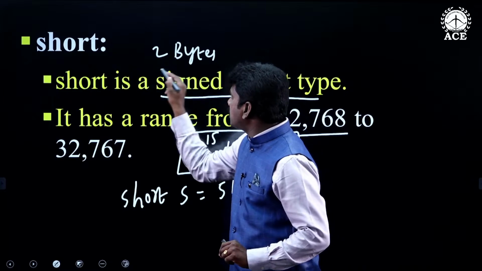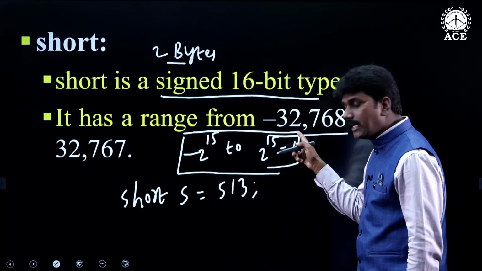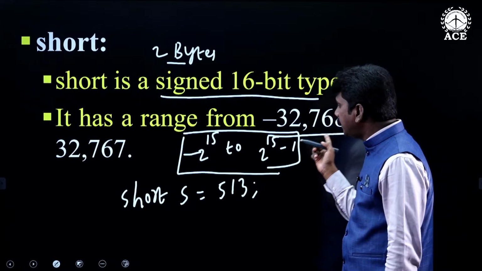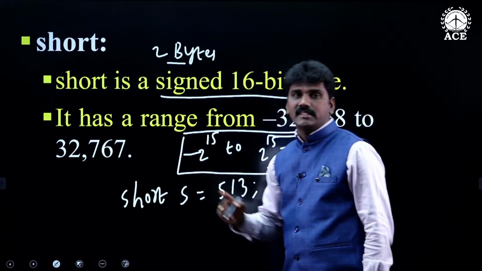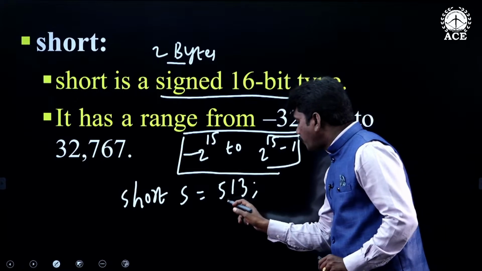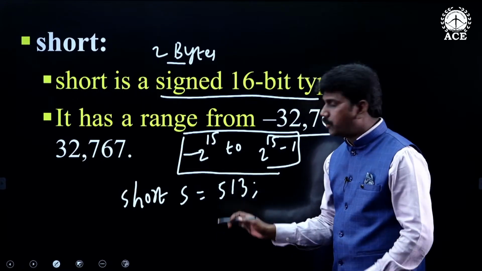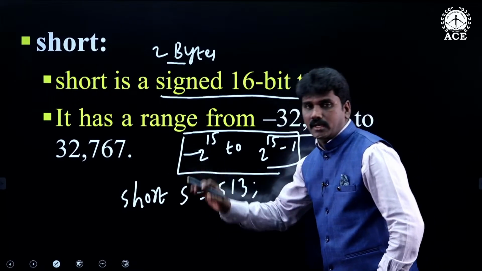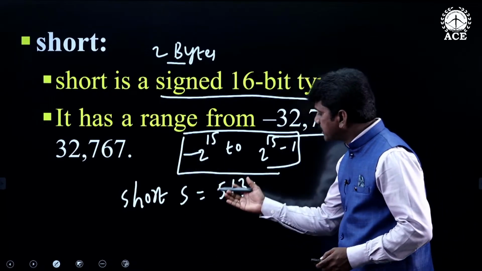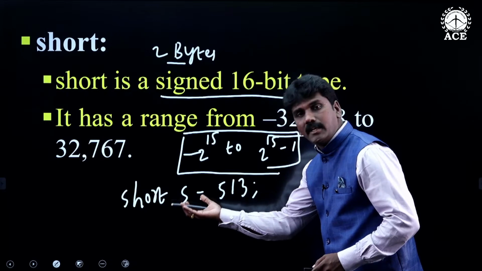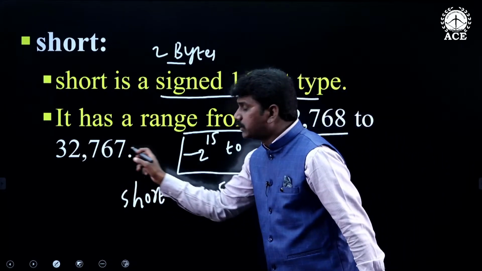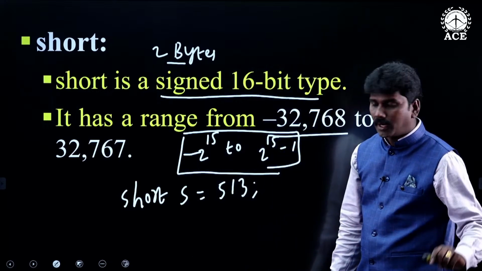Yes, short is of 2 bytes and its range is from -32,768 to 32,767. So 513 is valid to assign to the variable s of type short. Up to the range of 32,767 there is no problem.